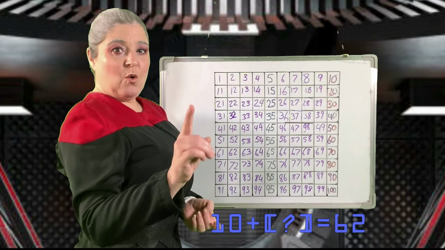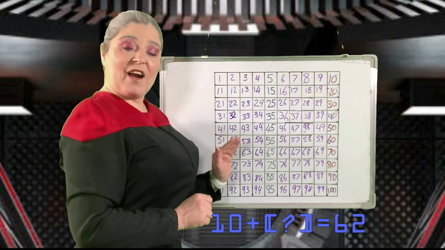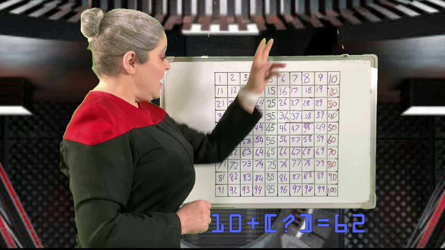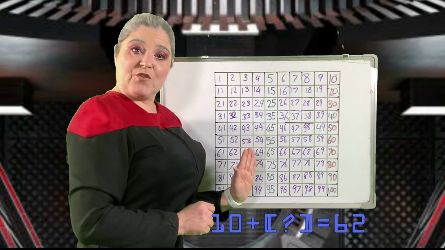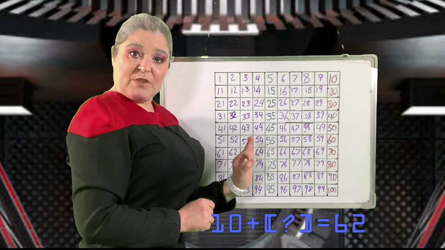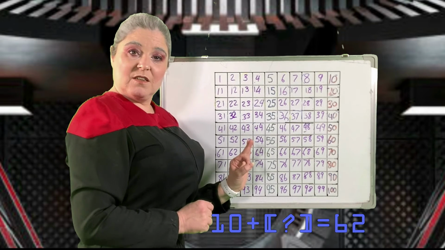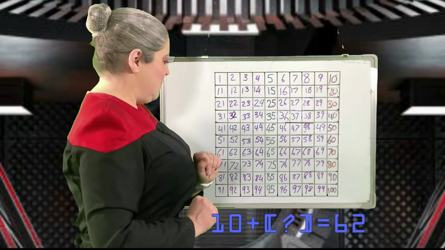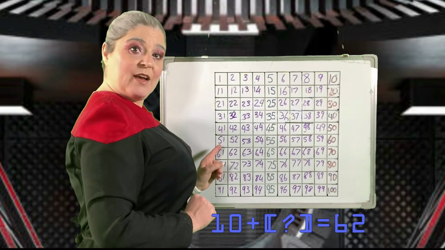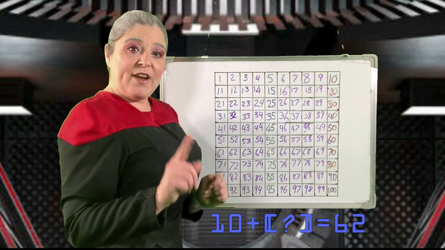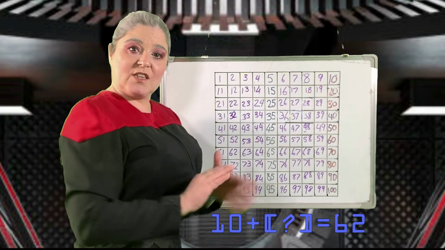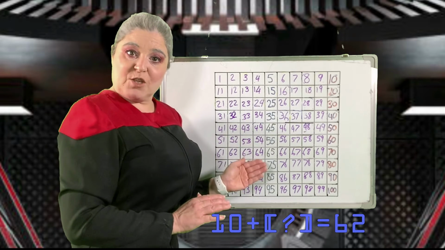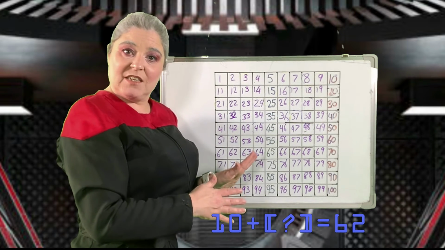So, what do we need to do to work out the answer to this? Are 10 and 62 right under each other on the number square? No, they're not. 10 is there, 62 is there. So now we know that the missing number is not a multiple of 10. Do we have a multiple of 10 in the sum as given?